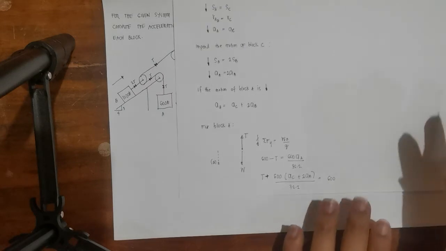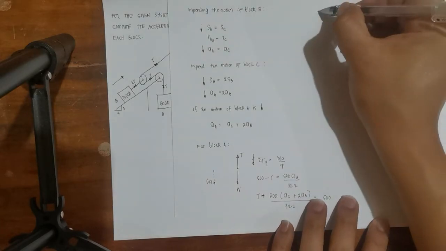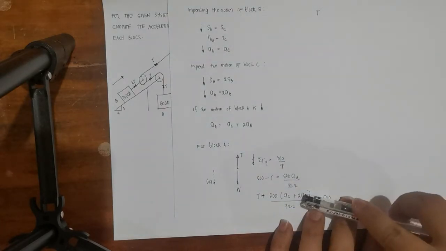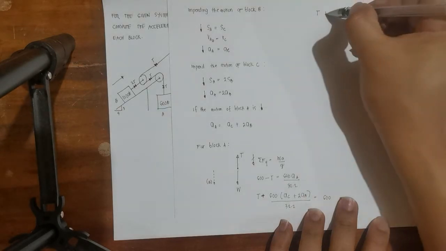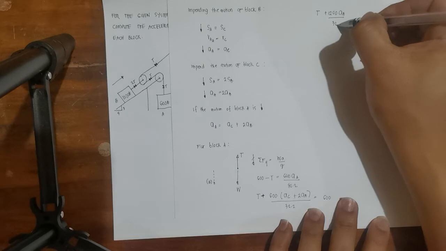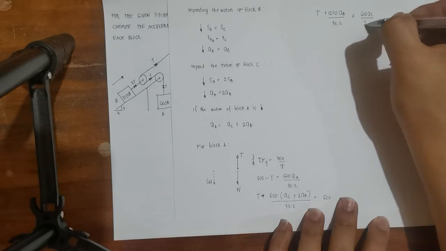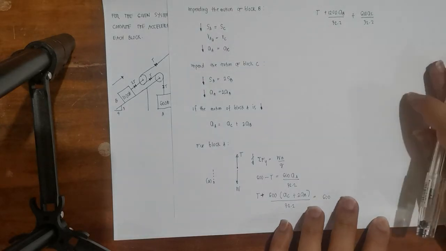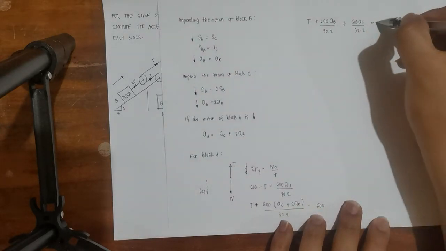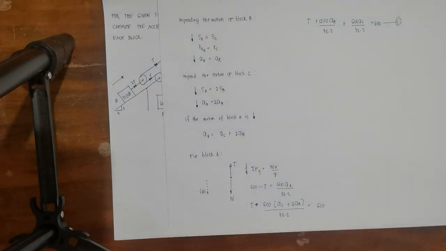So, simplify lang natin. Therefore, that is equivalent to tension T. Unahin muna natin si AB. Distribute plus 1, 2. Acceleration of B over 32.2 plus 600 AC over 32.2 equivalent to 600. Let this be our equation number 1. Okay, tapos na tayo sa free body diagram ni block A.